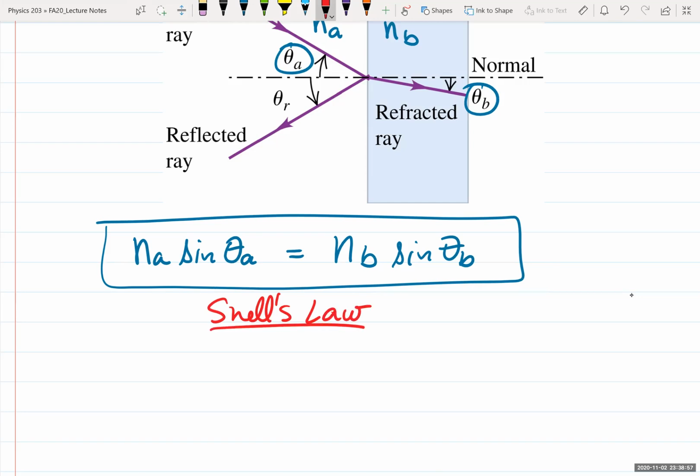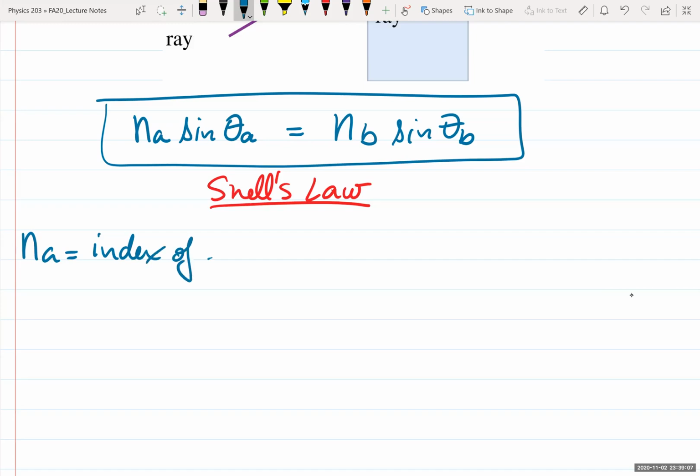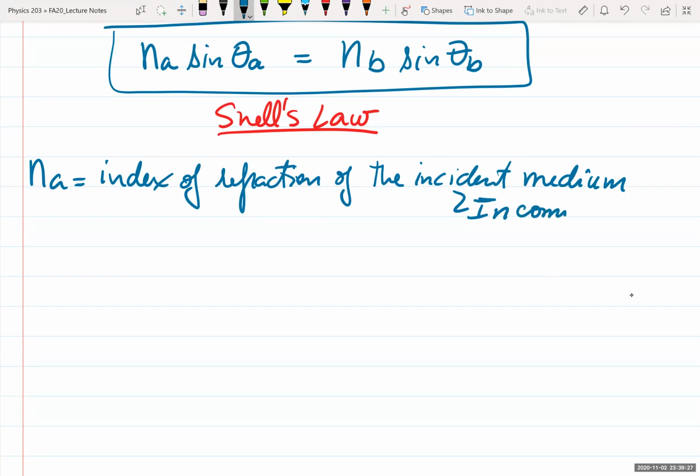So again, n sub A is the index of refraction of the incident medium, meaning the incoming light. Maybe that makes it a little bit more clear.